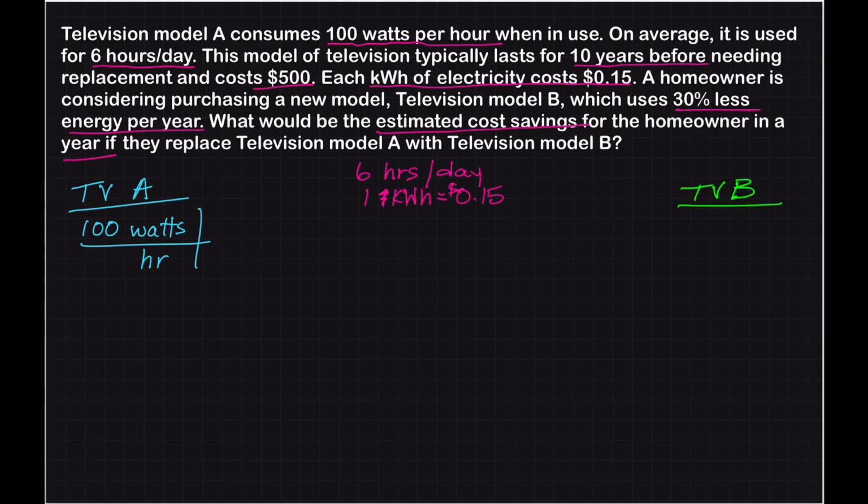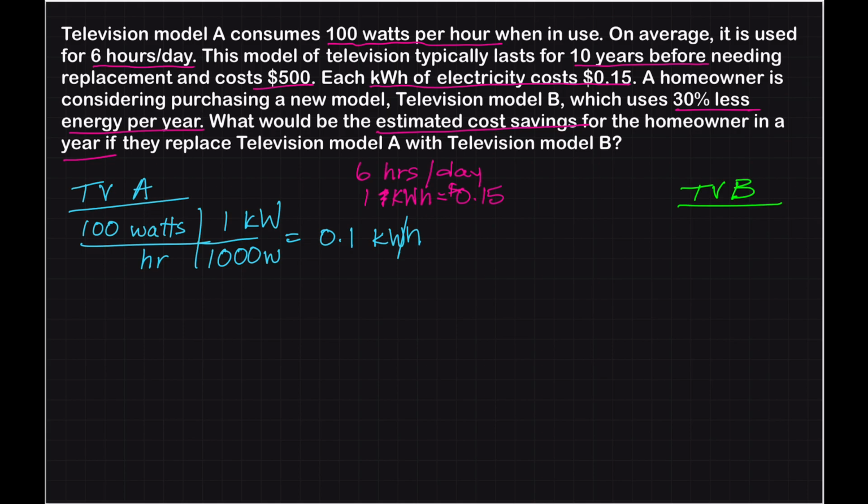The hour is totally okay because it's kilowatt hours, so we're fine with that. But we need to adjust the watts. There are 1,000 watts in 1 kilowatt. So that's going to mean the TV uses 0.1 kilowatts per hour.